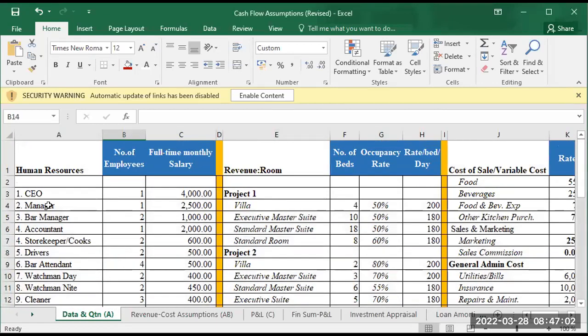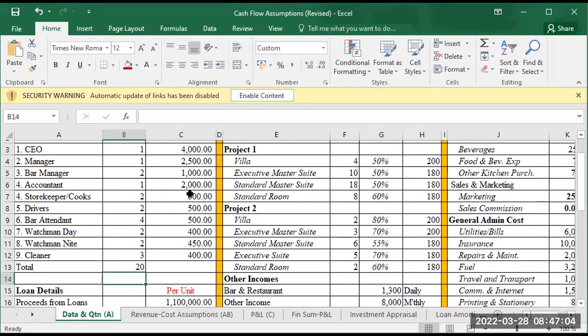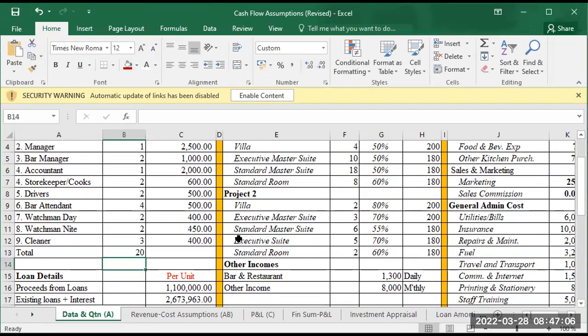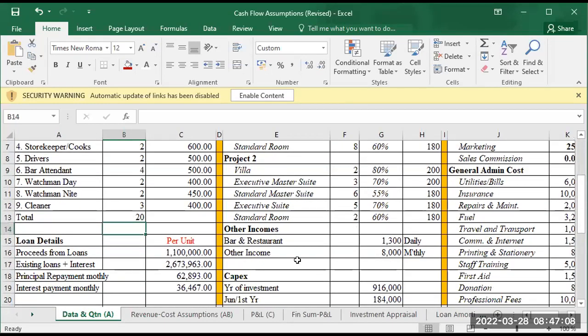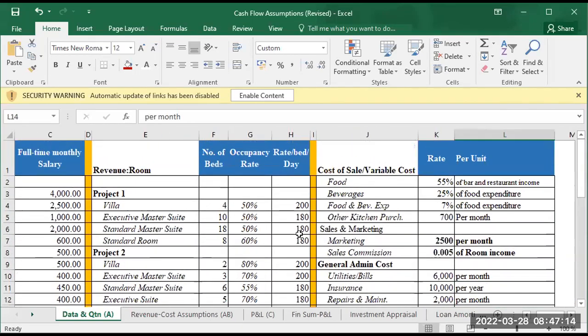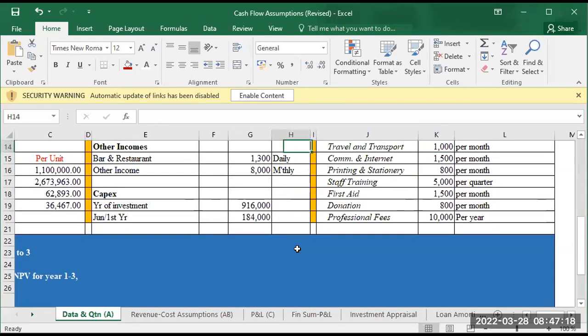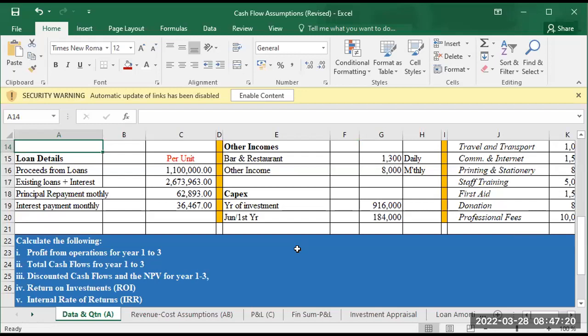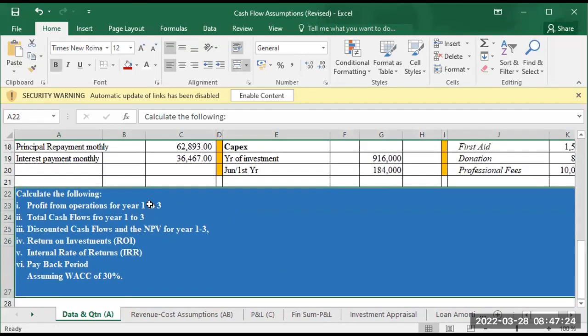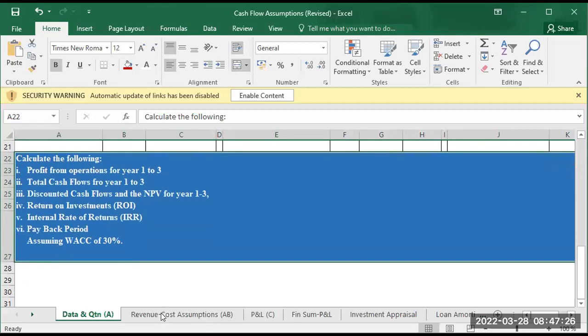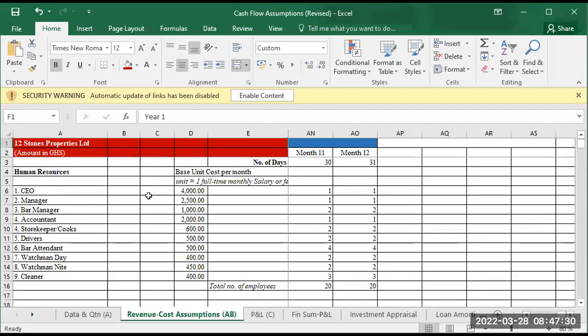The CEO, year 1, so we have 4,000 and so on. Units per rate, and then we expect it to do this. Profit from operations. So that was the question in the data. And this is the solution.